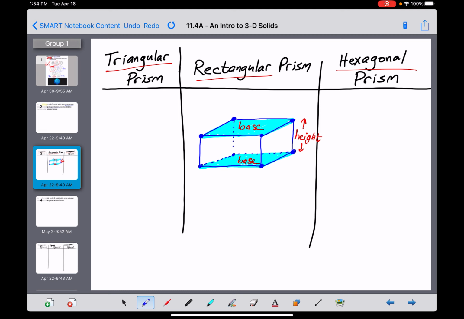Now, with a triangular prism, I'm going to draw this one a little bit differently, and you'll see why in a moment. I'm going to draw a triangle that's going to look like it's obtuse, kind of drawing it on a skewed axis right there, okay? So there's my triangle. And now, just like I did on the last problem right here, from one of the vertices of the triangle, I'm going to draw this little slanted line segment here that's going to look something like that.